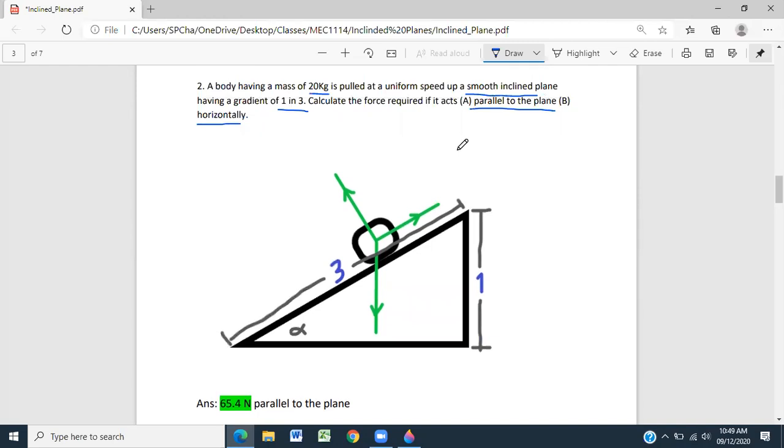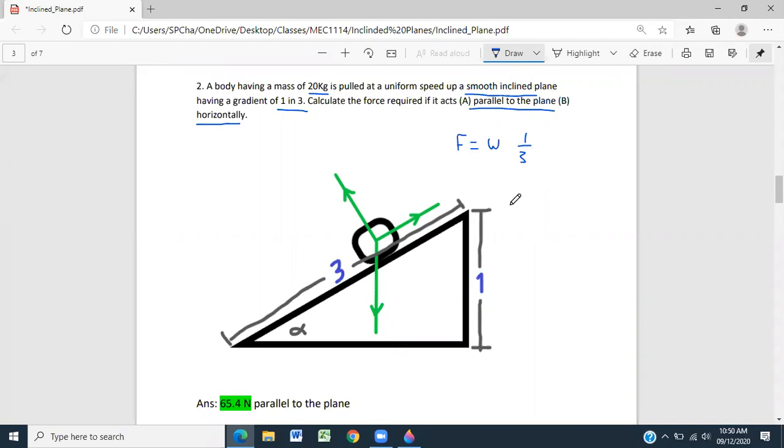Parallel to the plane, we know F is equal to W sine alpha, and that sine alpha is equal to height over length. For this problem, the length of the inclined plane is 3 and the height is 1, so 1 over 3, right? And the weight is 20 kgs times, of course, gravity.